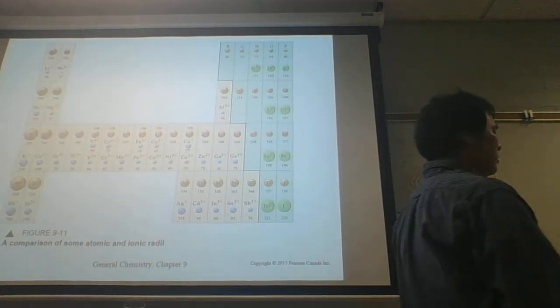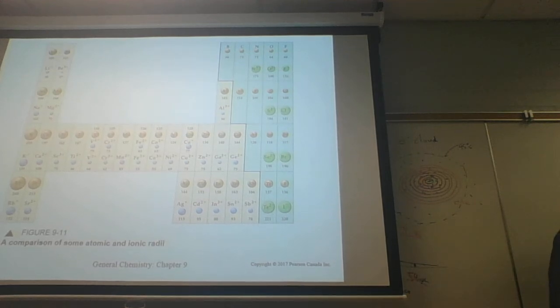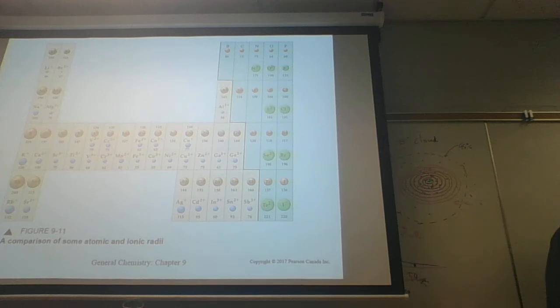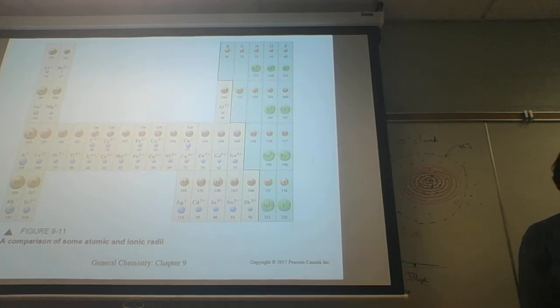Why didn't it shrink? Because if I do iron to cobalt, I do +1 proton, but I also do +1 electron. So I got one more proton, shouldn't it shrink?